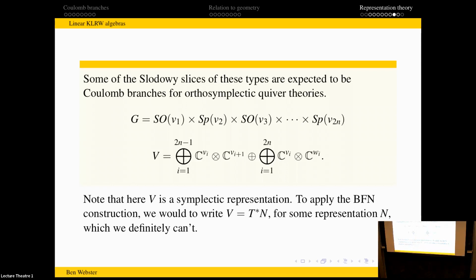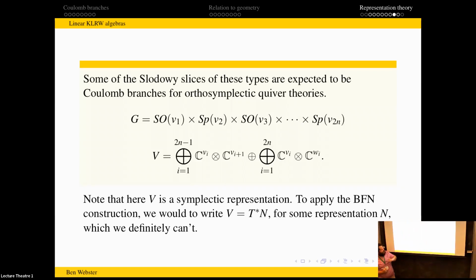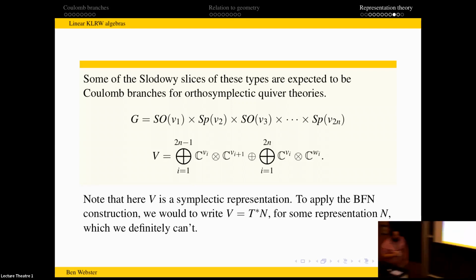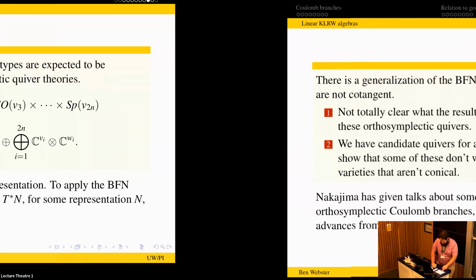And that's a symplectic representation. The tensor product of a symplectic form and a symmetric form is symplectic. So I get a symplectic representation here, which I would love to apply the BFN construction to, but that would require writing it as T star of something, and obviously I can't do that.